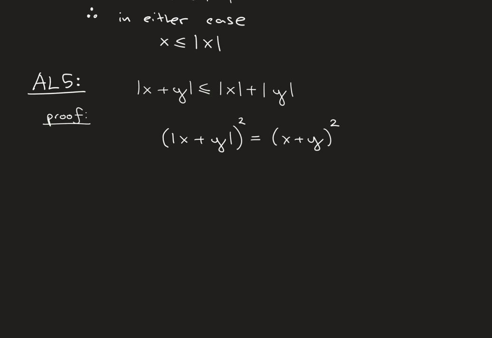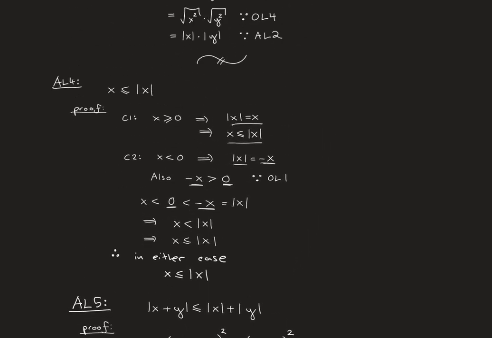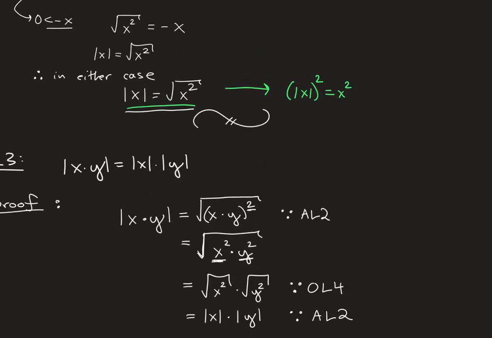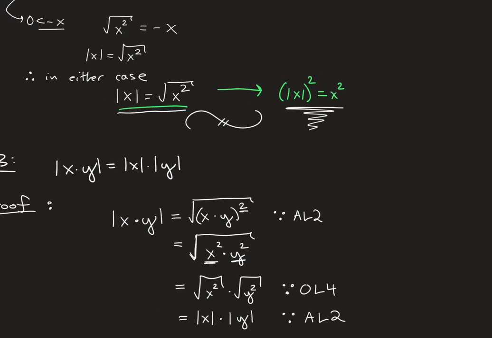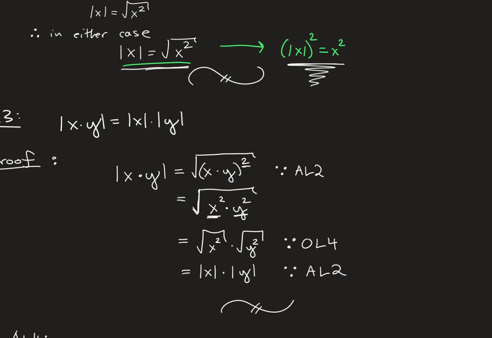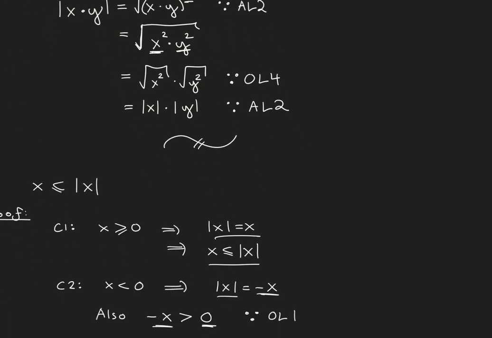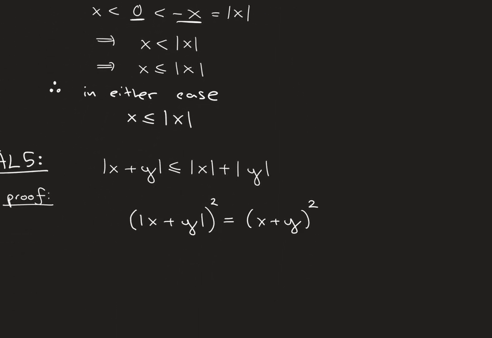Now, how did I just do that? I got rid of the absolute values on the inside. That's one of those things I mentioned in green up here. This is always true. So that's all I used. I just replaced x with x plus y. This is true for all x values. And again, that was a result from this OL2 right here. Immediate result. So that's all I've done.